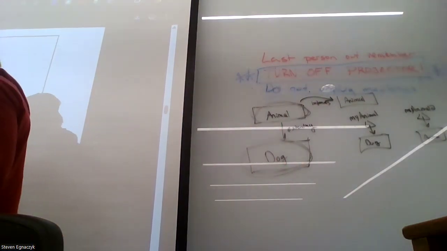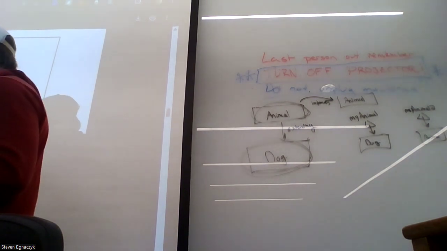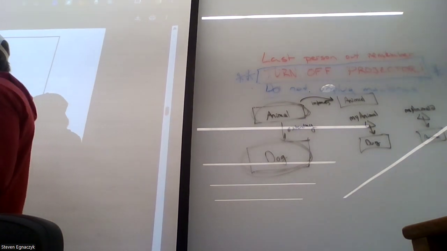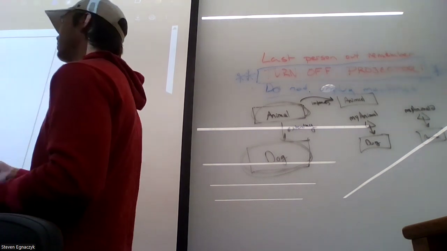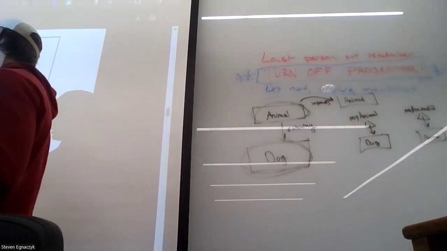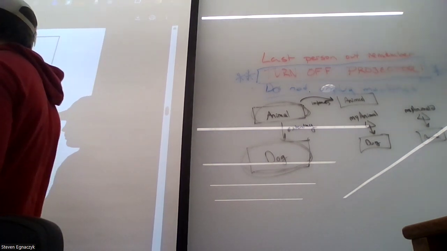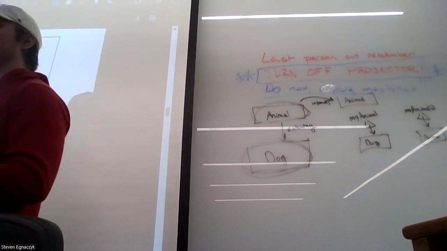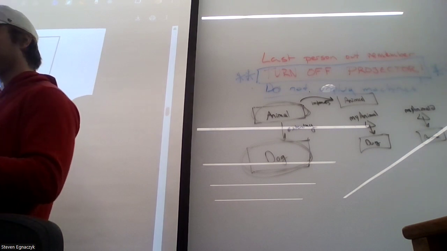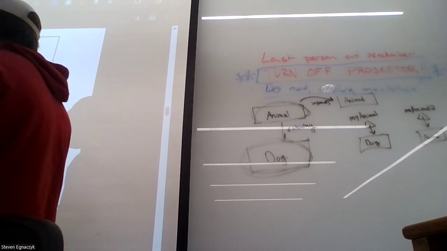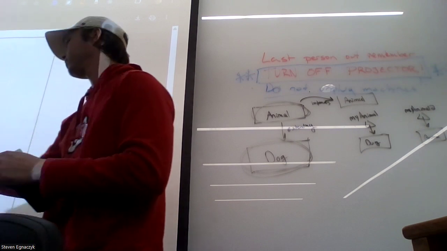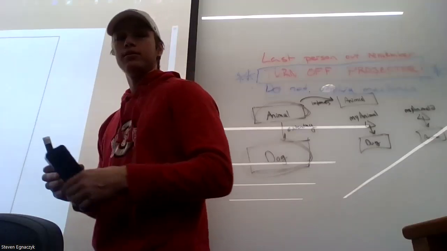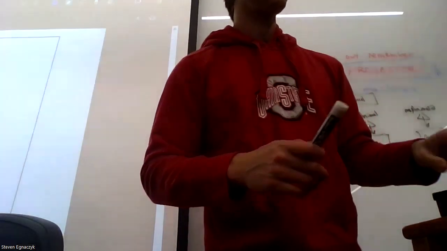So it's going to look at the fact that myAnimal is a Dog and myAnimal2 is an Animal. So myAnimal.makeSound is going to print out bark because it's a Dog. myAnimal2 is going to print out some generic sound because it's an Animal. So always look at the dynamic type of the class.